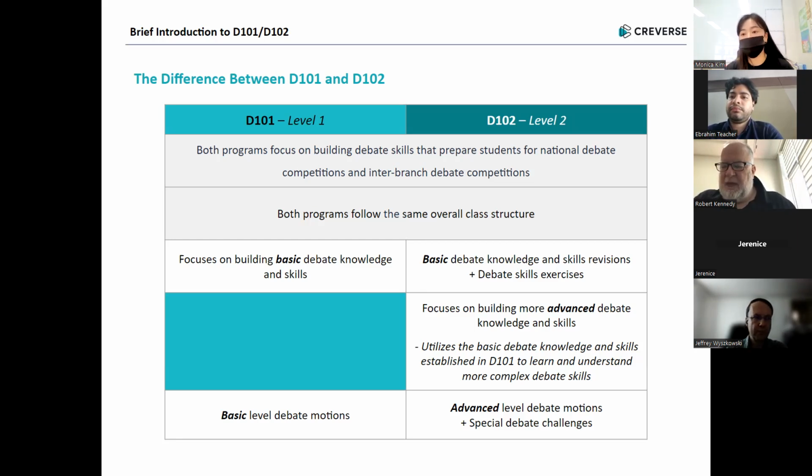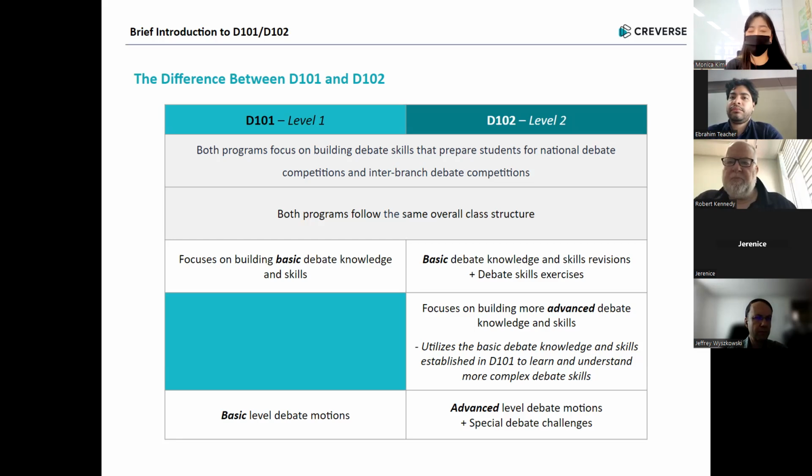So for these 2 classes, these 2 tracks, we're purely focusing on the Asian parliamentary style so that we can help prepare them for national and inter-branch competitions. Both these classes do follow a very similar class structure, and I will also explain that next.